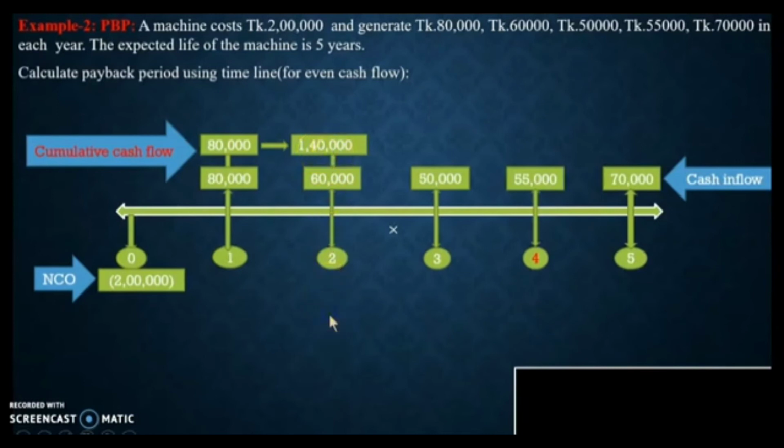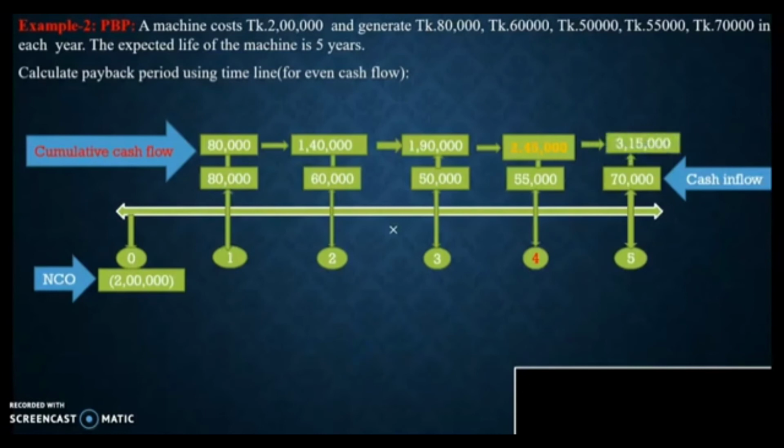Third year it will be taka 1,90,000. Fourth year it will be taka 2,45,000, and fifth year it will be taka 3,15,000.